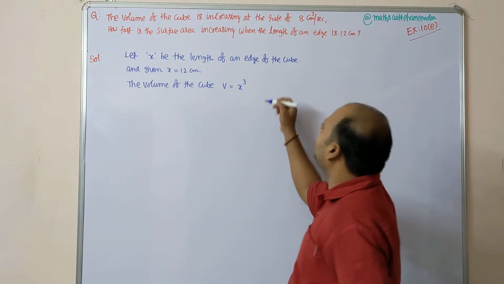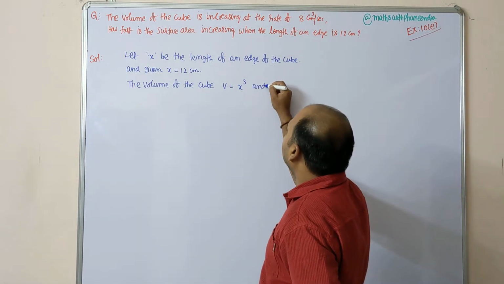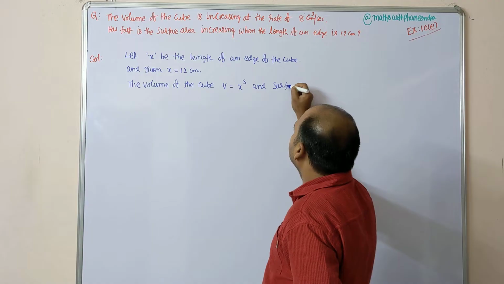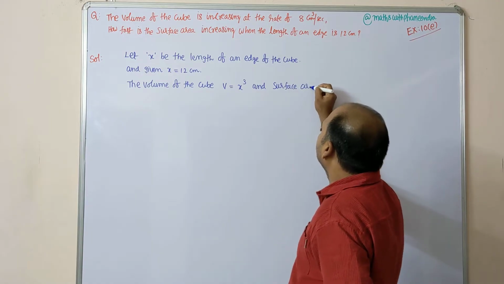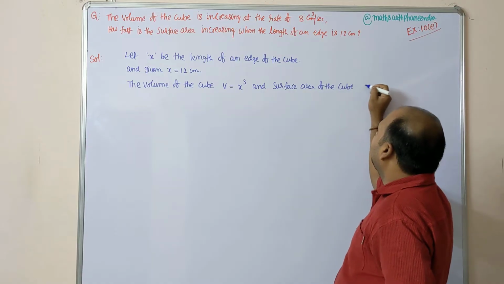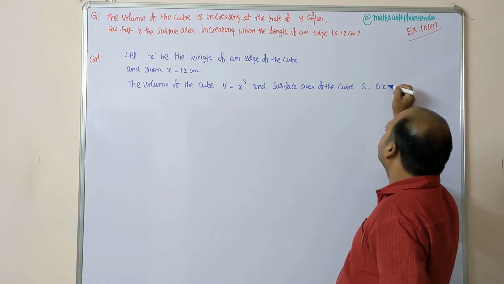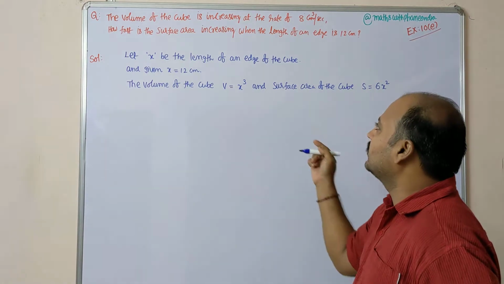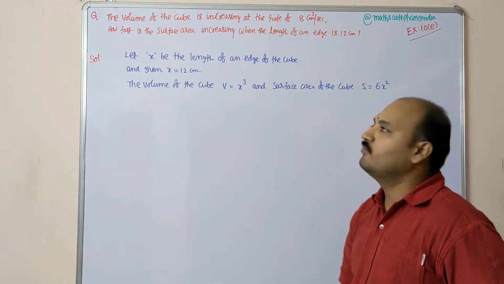And the surface area of the cube, S is equal to 6x square. You have to remember, dear students, these two important formulas.